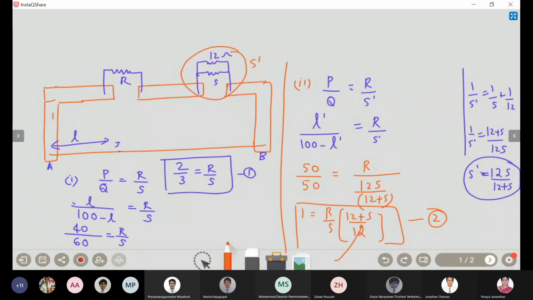Now the space between the plates of the capacitors is filled with dielectrics, as shown in the figure.